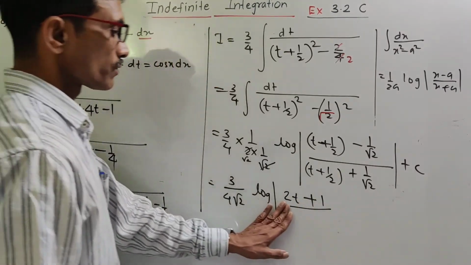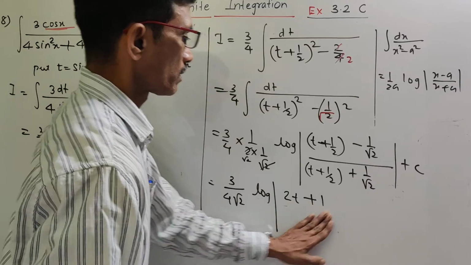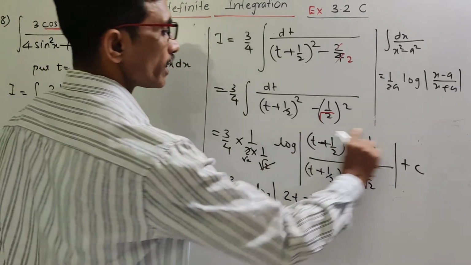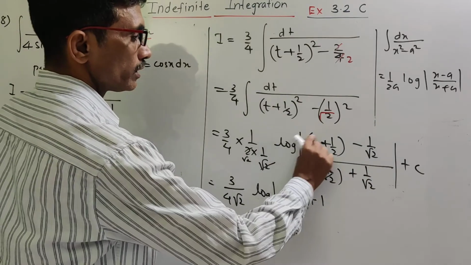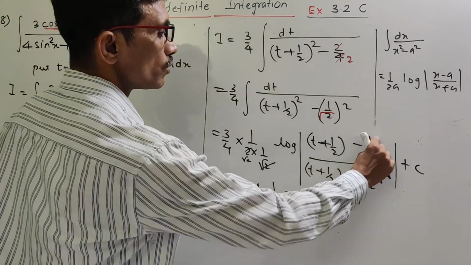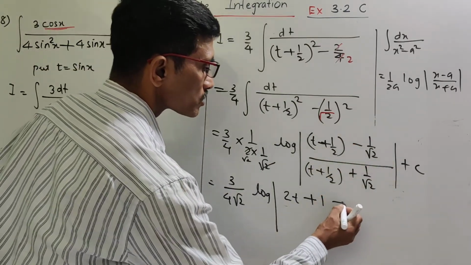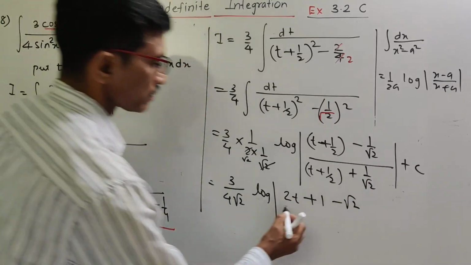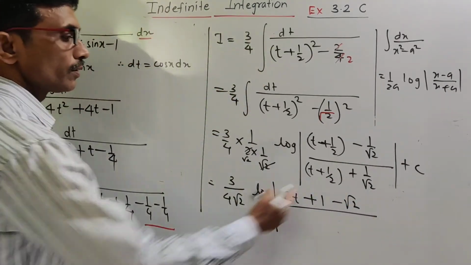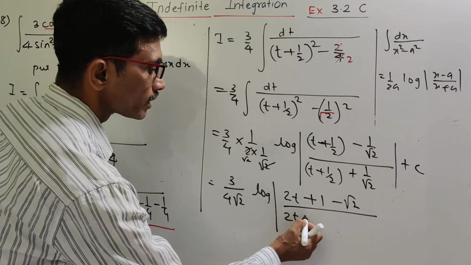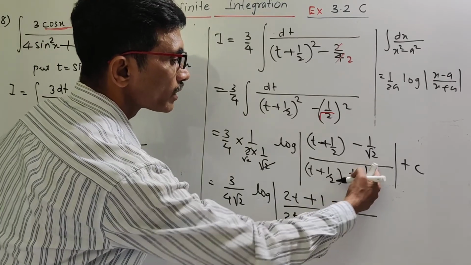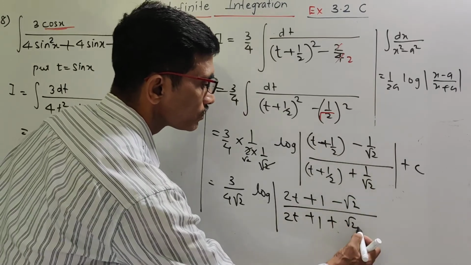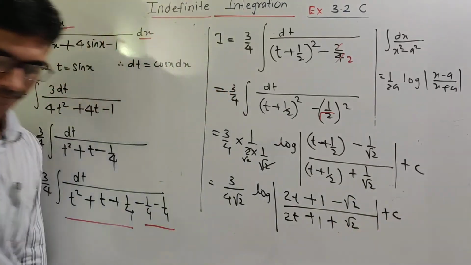If you multiply numerator and denominator by 2, it will be 2t plus 1, and 2 upon root 2 is root 2, so minus root 2 in the numerator. Here we multiply by 2, 2t plus 1 plus root 2, plus c.